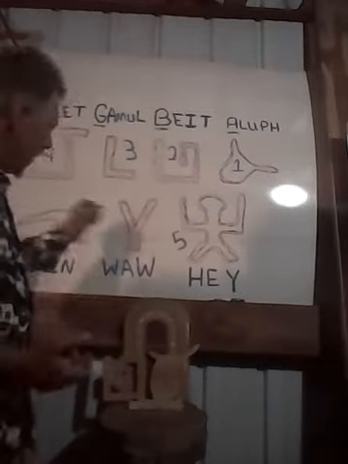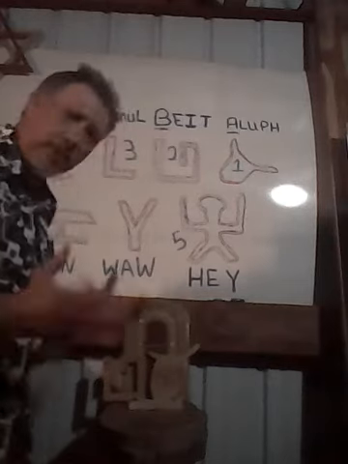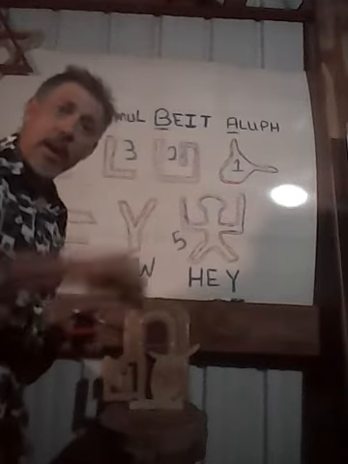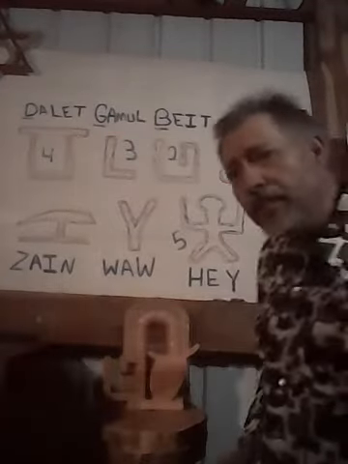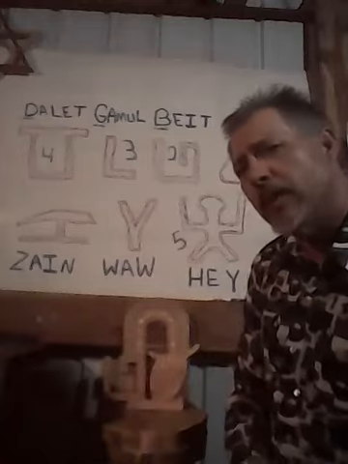So then we get to the next letter, and we have the letter Wall. The letter Wall is the picture of a tent peg or a nail. And Yahuwah's taking all this stuff, and he's fastening it with a nail, and he's building and constructing his Aluphbeit, fastening it all together.